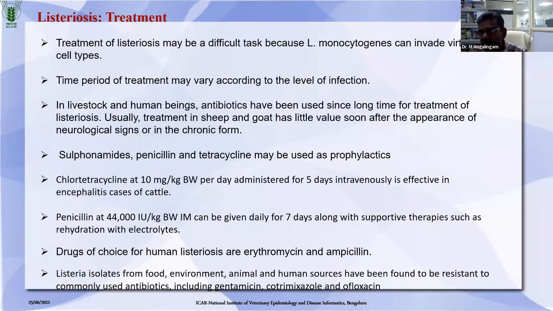For human beings, the drug of choice is erythromycin and ampicillin. Again, based upon the symptoms, other medicines will be administered. Listeria isolates have shown resistance to gentamicin and cotrimoxazole. Listeria express various antimicrobial resistance, and studies are going on.